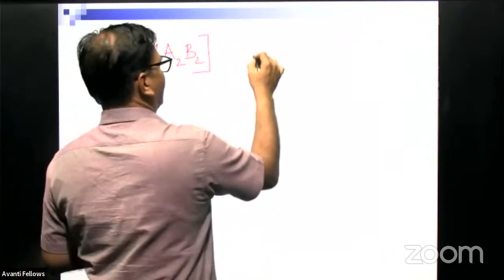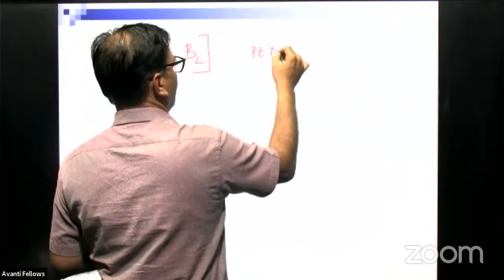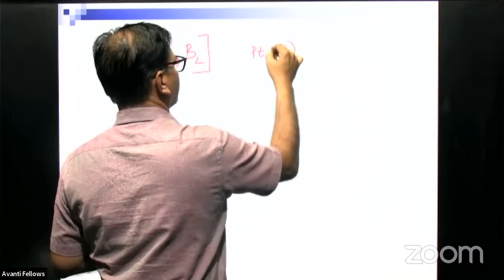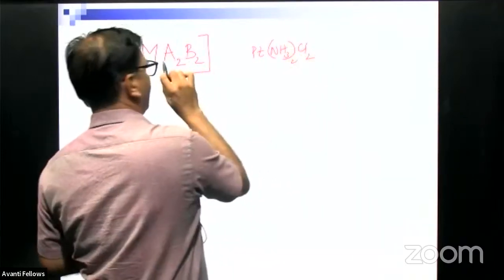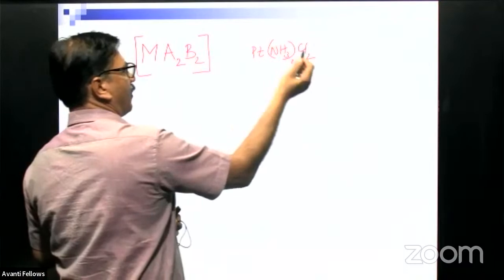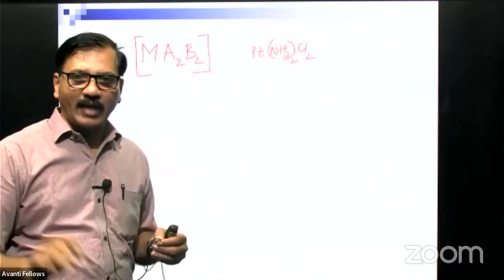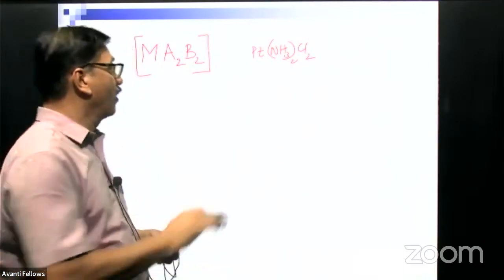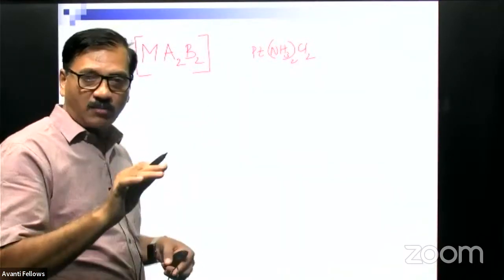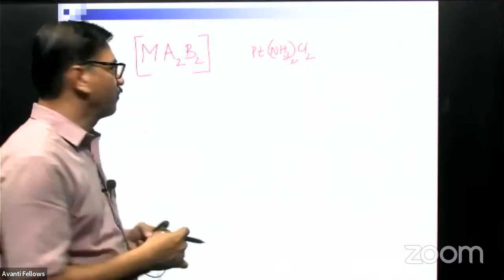I have taken the example of platinum, NH3 twice, Cl twice. NH3 is A type and Cl is B type. So Ma2b2 type forms square planar complexes with cis and trans isomers.